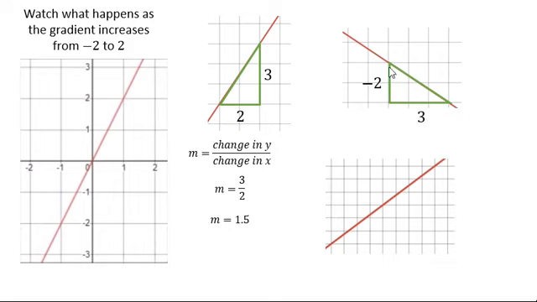Therefore, it's useful to label this as -2 instead of 2, because it ends up being that our gradient is negative. If we find out our value of m, then we're going -2, our change in our y direction, divided by 3, or in other words, -2/3.